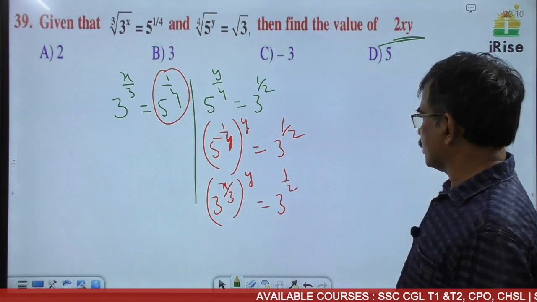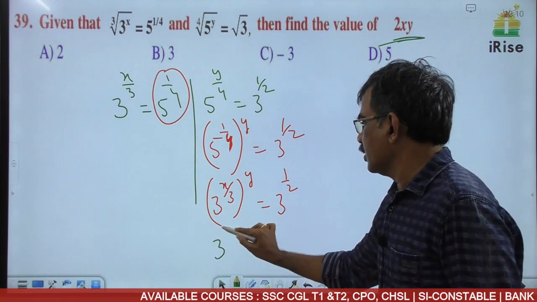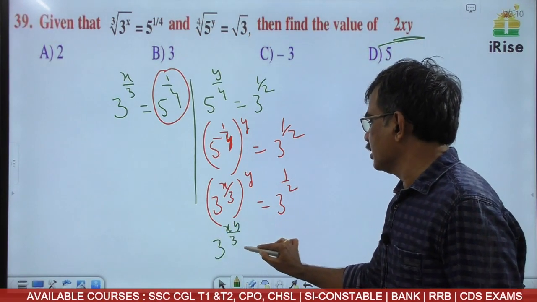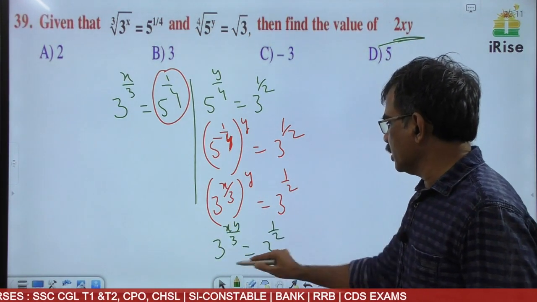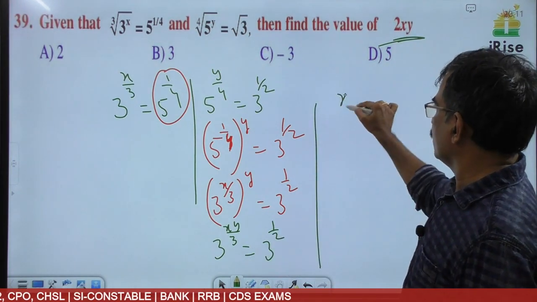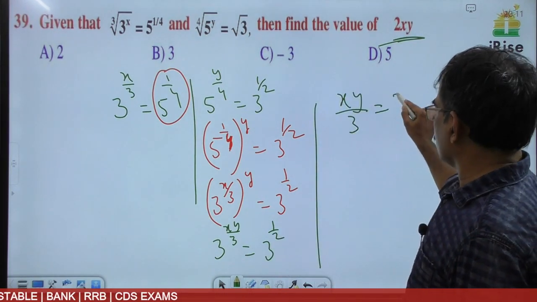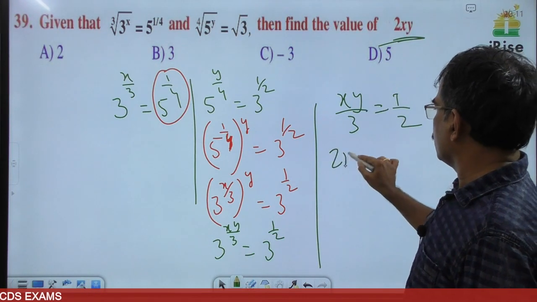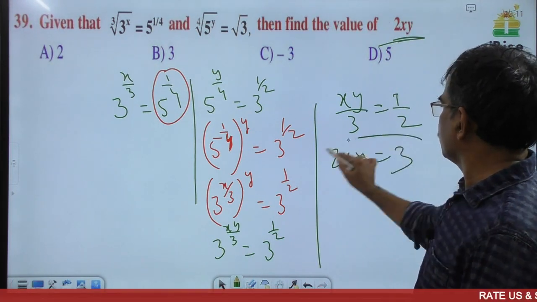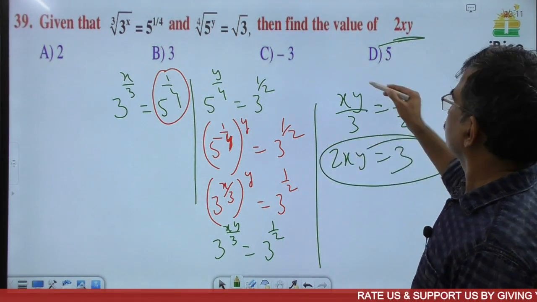Then what we get? 3 power xy by 3 is equal to 3 power 1 by 2. Here the bases are same, so xy by 3 is equal to 1 by 2. Cross multiply, 2xy is equal to 3. So answer is 3.